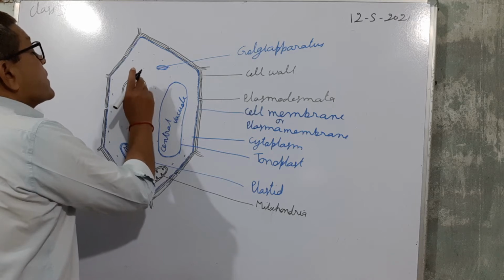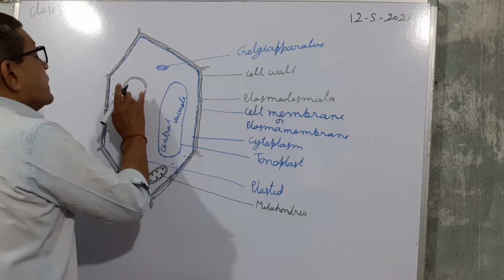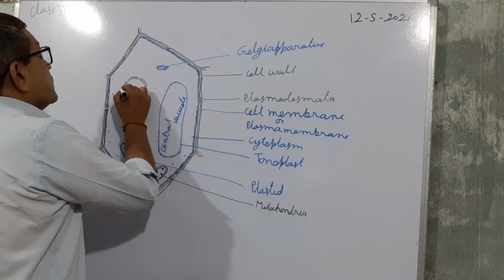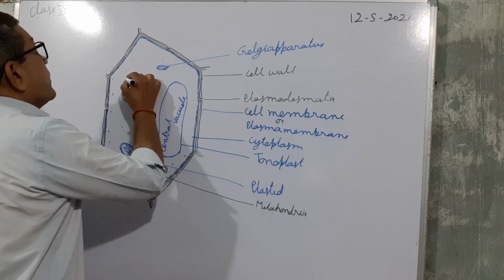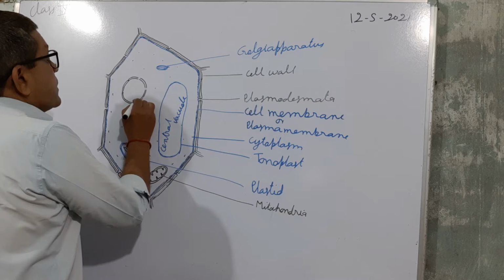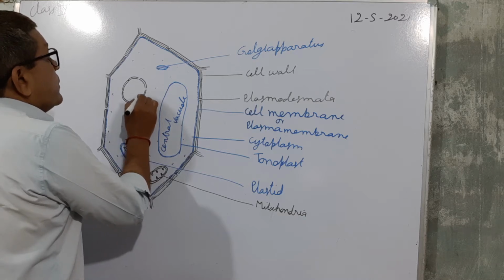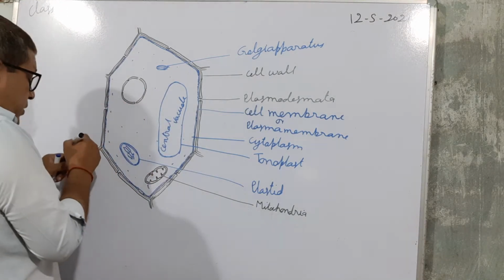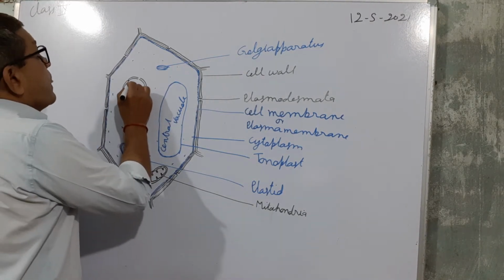This nucleus, having a double membrane, has many pores by which it makes a connection between the cytoplasm and the nucleoplasm.